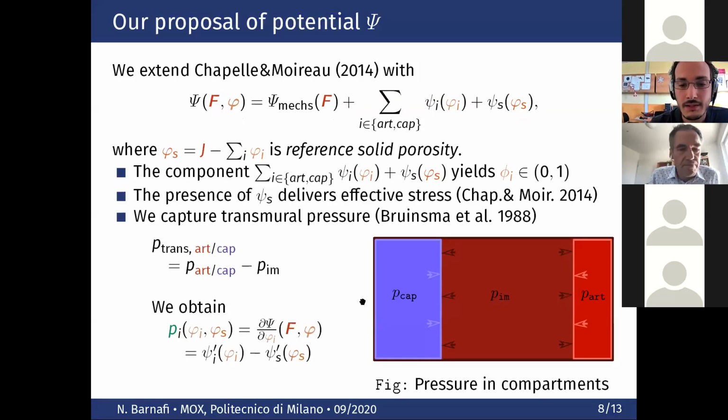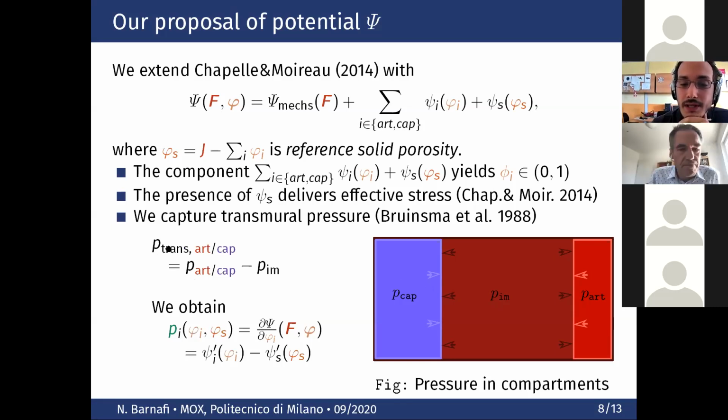What I would deem the most important consequence of this kind of model is that the pressure felt by each compartment, capillaries and arteries, is actually given by its pressure minus the one in the tissue. This kind of additive decomposition naturally gives this kind of response.